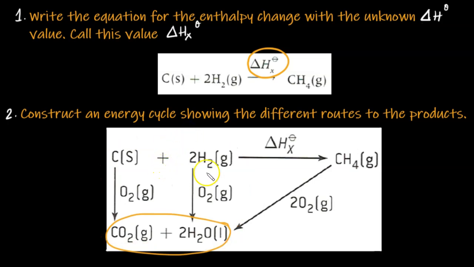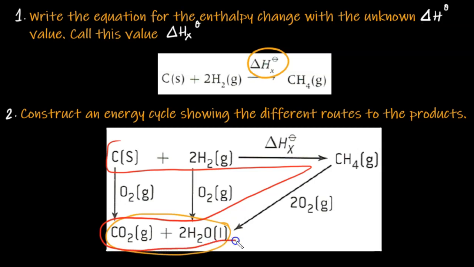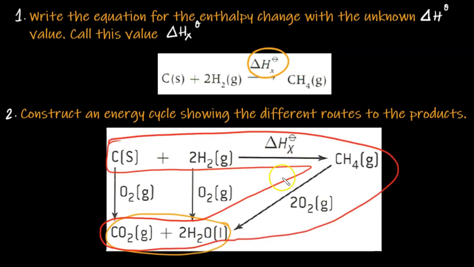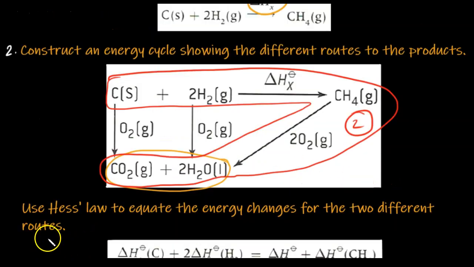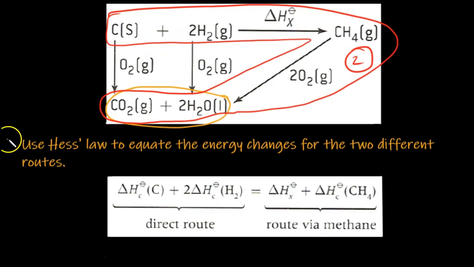And the second route is from carbon plus hydrogen gives CH4 to the products. Okay, so the third step is to use Hess's law to equate the energy changes for the two different routes. So this is the first route and this is the second route via methane.